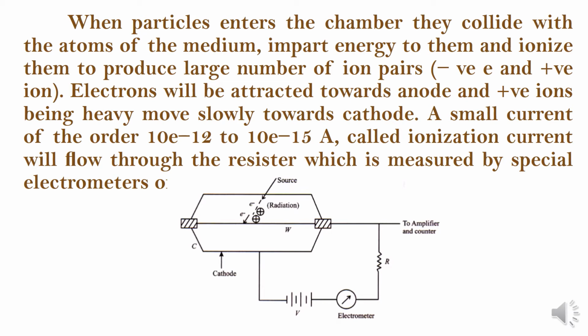These electrons get attracted by the anode and flow in the circuit and produce a current known as ionization current. By measuring the ionization current, we can detect the particle, and by detecting that particle, we can know more about its parent nucleus. This is how a gas-filled ionization detector works. Now let us discuss this in detail.